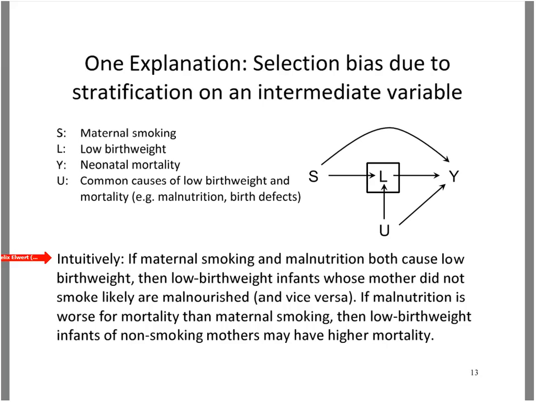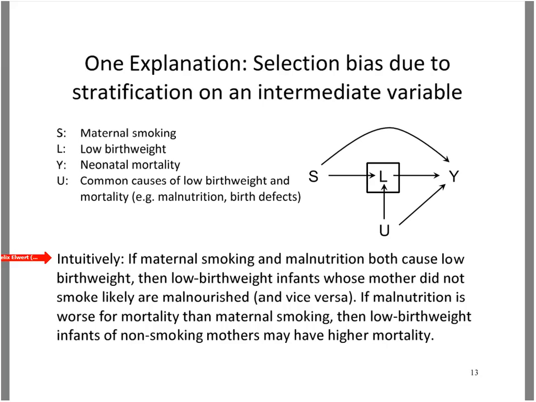All right, now, second step is, if malnutrition is worse for mortality than maternal smoking, then under this story, low birth weight infants of non-smoking mothers may actually have higher mortality. Again, if malnutrition is worse for neonatal mortality than smoking, as is plausible, then low birth weight infants of non-smoking mothers likely have higher mortality.